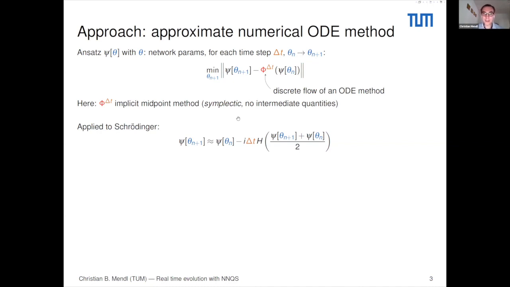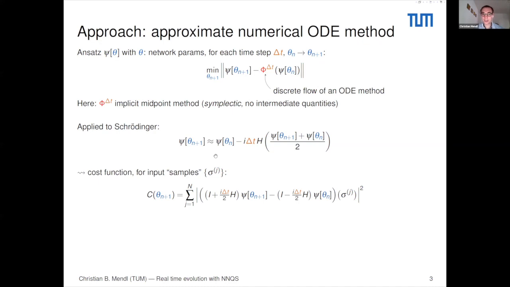When we apply this to the Schrödinger equation, we arrive at this expression. Note that the method is implicit, so psi at the next time point appears on the right side of this equation as well as on the left. Ideally, we want to have an equal sign here.